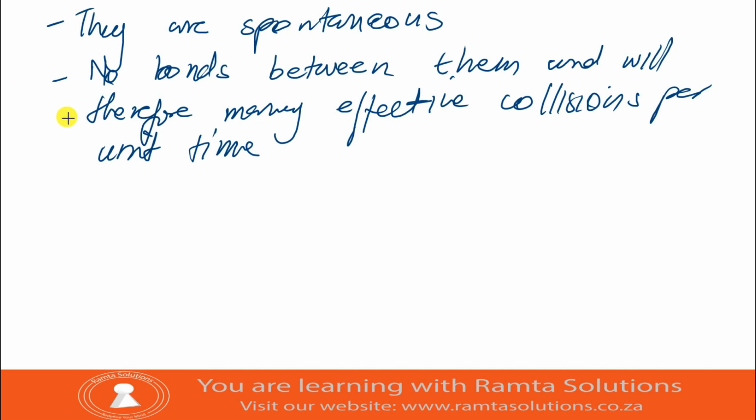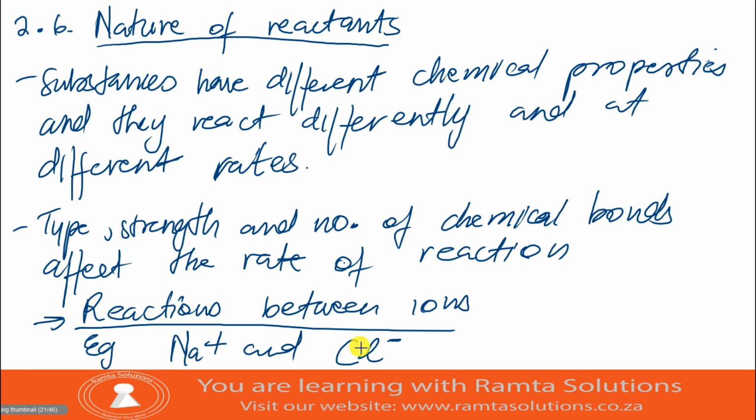So when you have ions, for example a sodium ion and a chloride ion, they will form sodium chloride. It'll be quicker to form sodium chloride than to dissolve sodium chloride into sodium ions and chloride ions. Before breaking down sodium chloride, you need to break the bonds between the sodium atoms and the chlorine atoms.